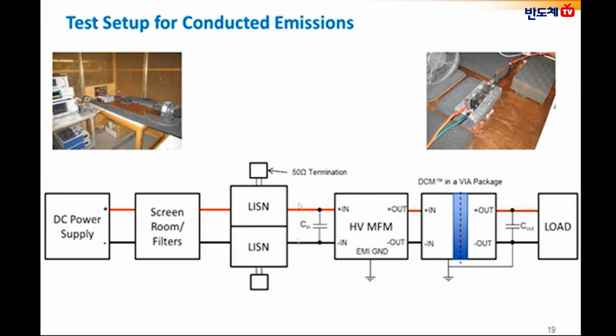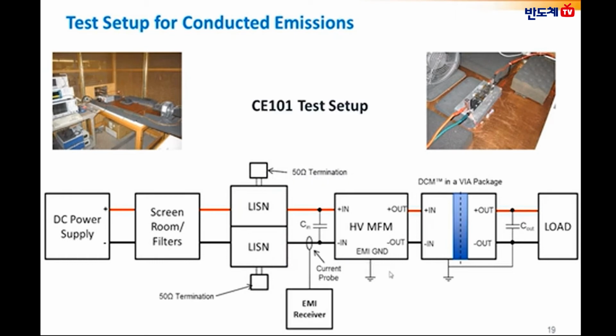A typical CE101 test setup consists of a 50 ohm termination on both line impedance stabilization networks, and the emissions are recorded as a measure of current flowing through the positive lead as well as the negative lead by using an EMI receiver.